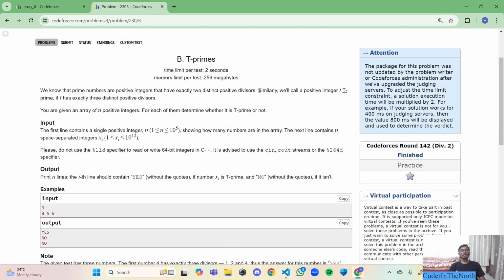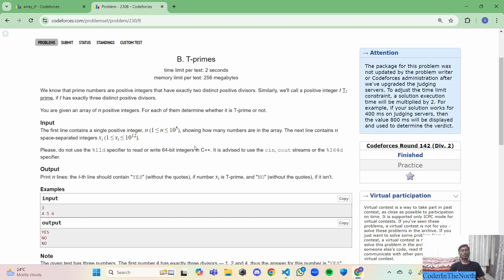Similarly, we'll call a positive integer t-prime if t has exactly three distinct positive divisors. You are given an array of n positive integers. For each of them, determine whether it is t-prime or not.